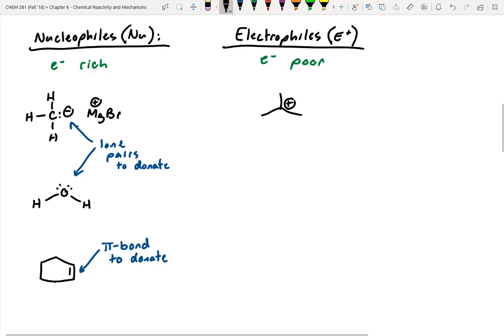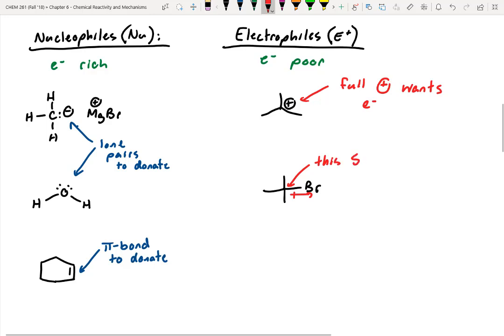Another example we could look at would be this molecule. Why would this be a good electrophile? Because bromine. Bromine's electronegative, exactly. So if we think about this one, this full charge wants electrons. Over here, we've got a net dipole towards bromine.